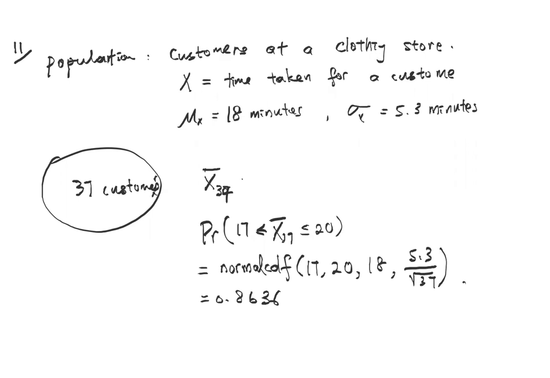Got it? Okay. So through these two questions, I've taught you how to look at the population and how to look at the sample. The sample mean for 37 is the mean time of a customer that will enter the shop when the sample size is 37, right?